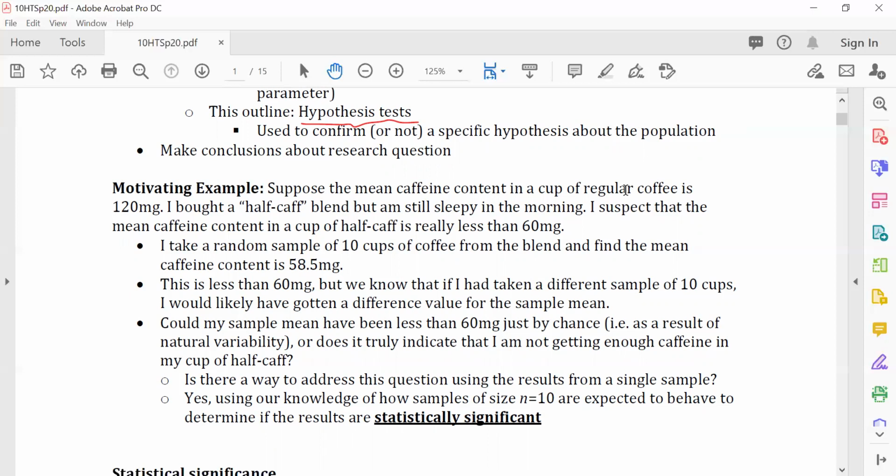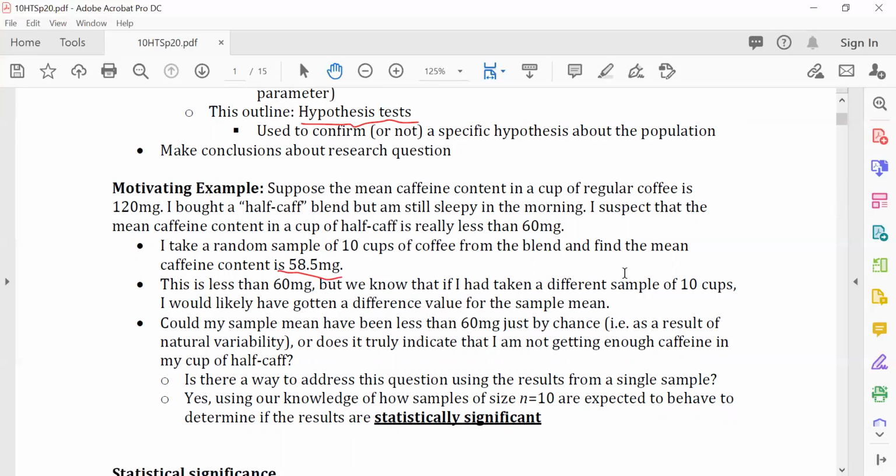So what do I need to do to confirm or not confirm my hypothesis? I take a random sample of 10 cups of coffee from the blend and find the mean caffeine content is 58.5 milligrams. And this is indeed less than 60 milligrams.